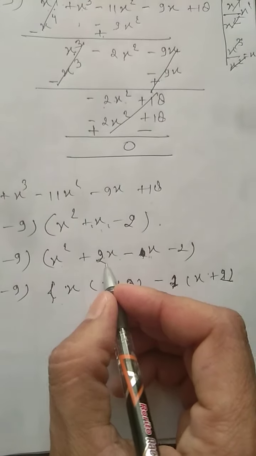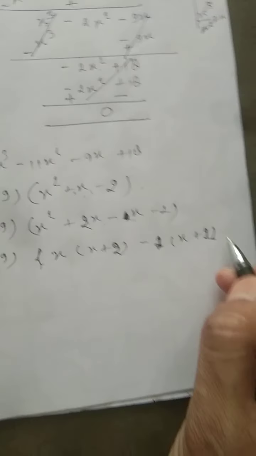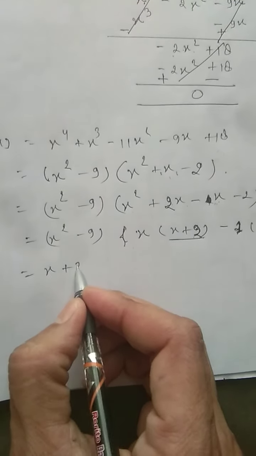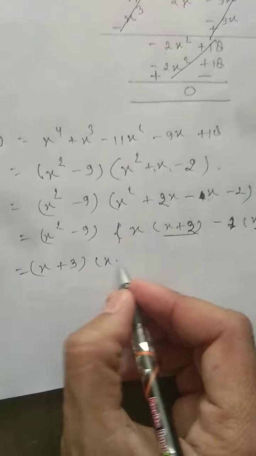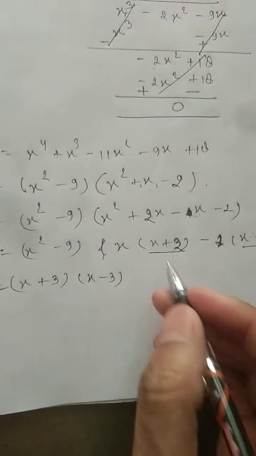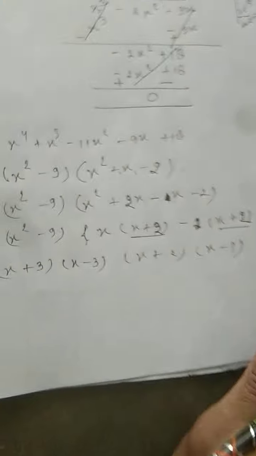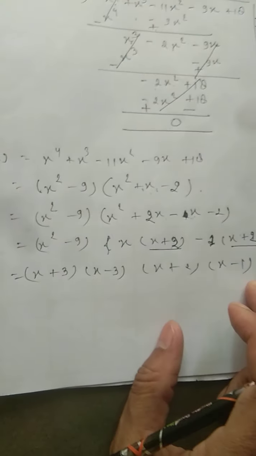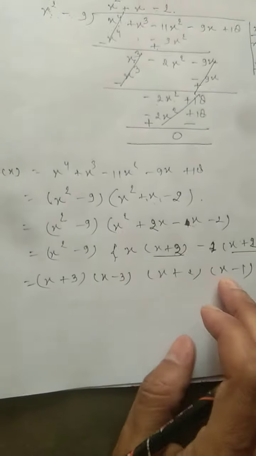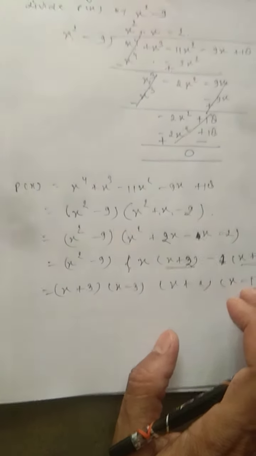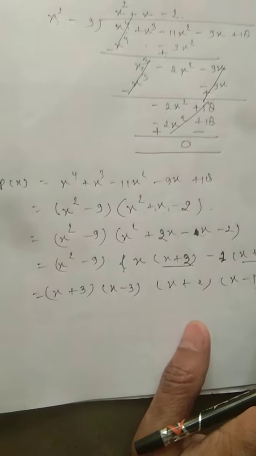Now x plus 2 is common, so we get x minus 1. x square minus 9 is x plus 3 times x minus 3, already given, and now x plus 2, x minus 1. This way I got 4 factors of this polynomial, but we have to find zeros.